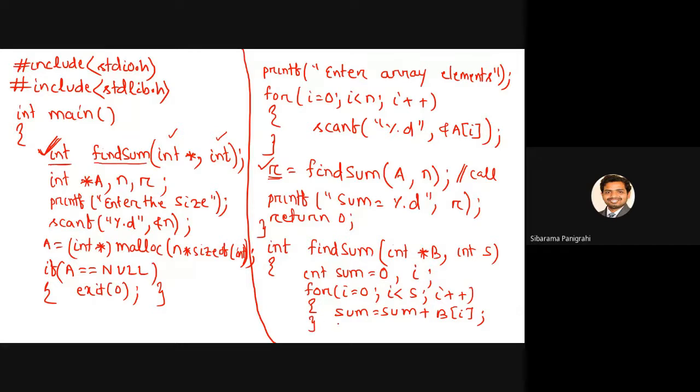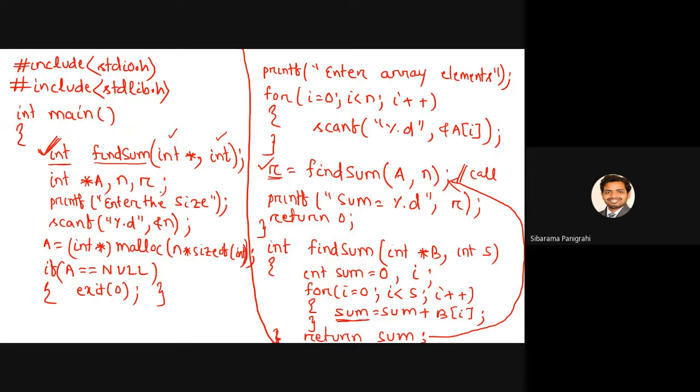By this logic the sum will be stored inside the sum variable, right? Now I have to return the sum. So return sum. This sum will be returned to where? This sum will be returned to the function call, right? So now let me terminate the function, right?